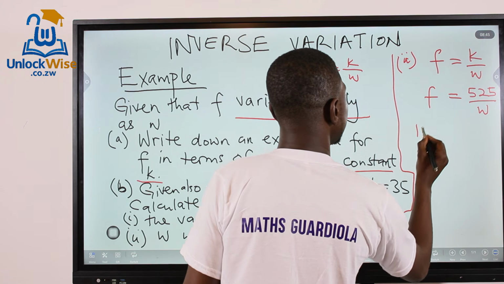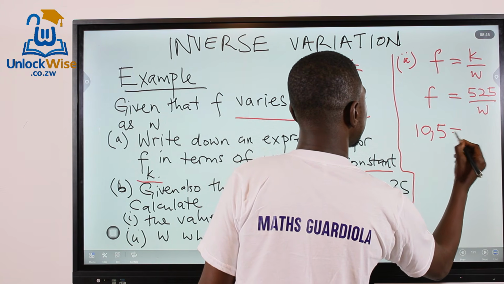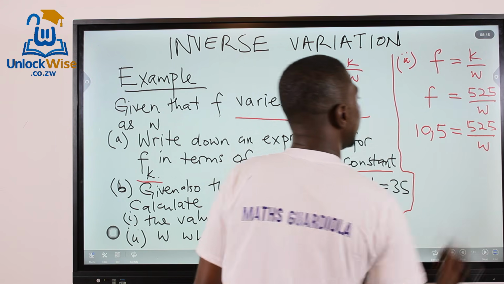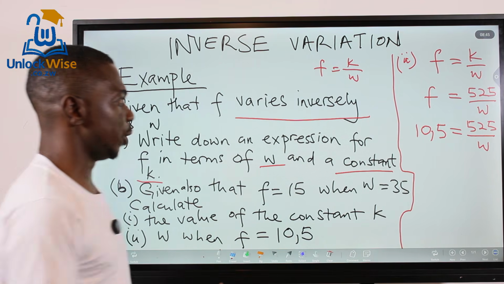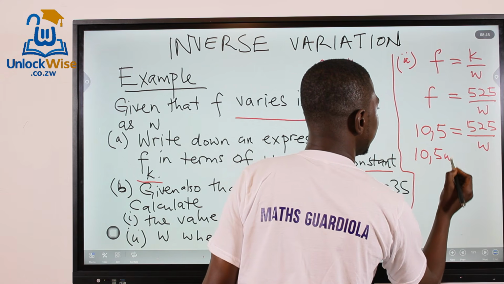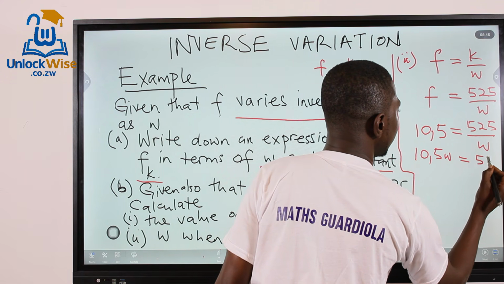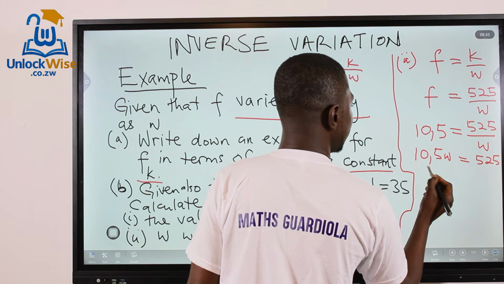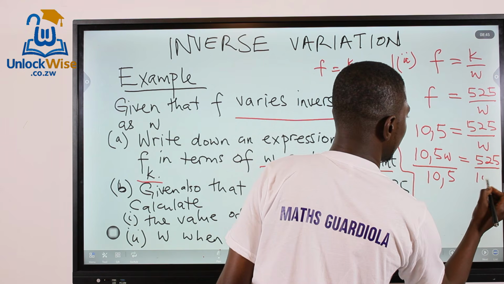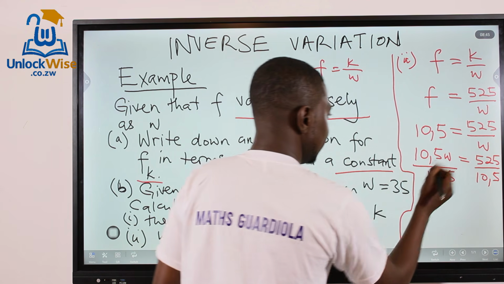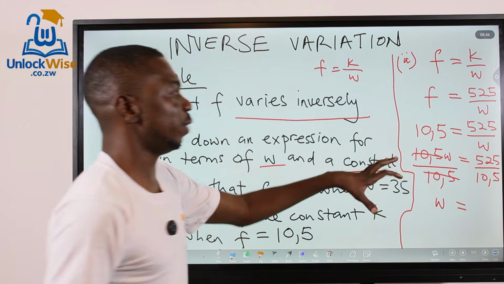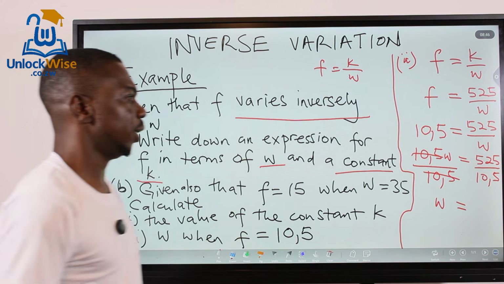You substitute 10.5, so 10.5 equals 525 over w. We multiply both sides by w, and we have 10.5 w equals 525, and divide both sides by 10.5. 10.5 divided by 10.5 leaves w, which equals 525 divided by 10.5.